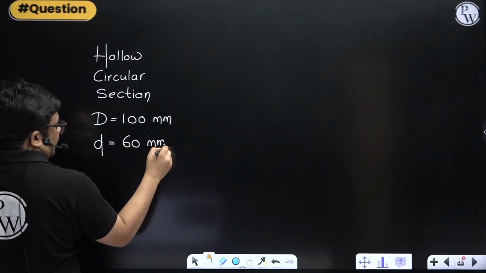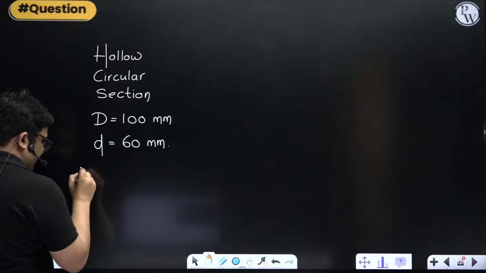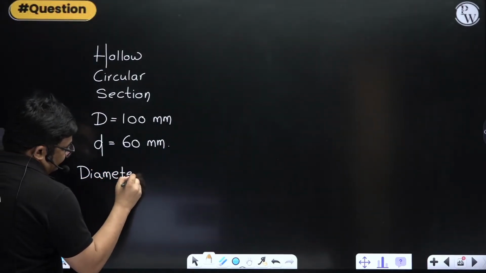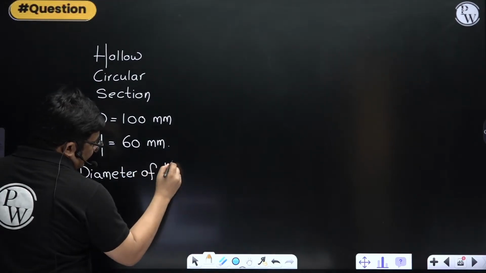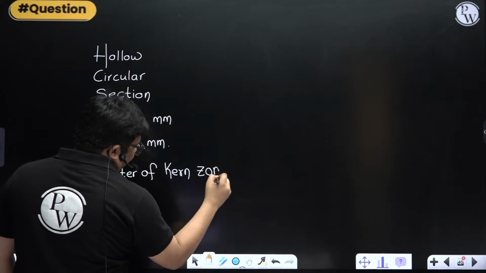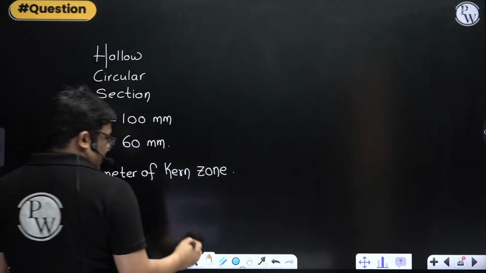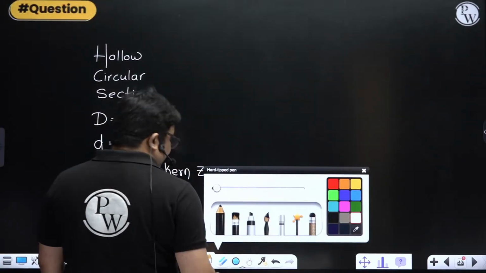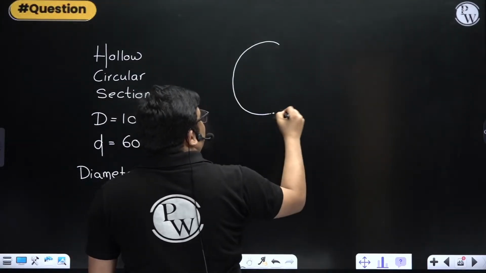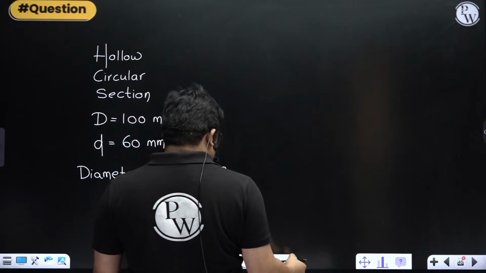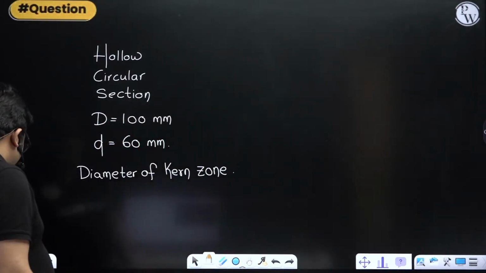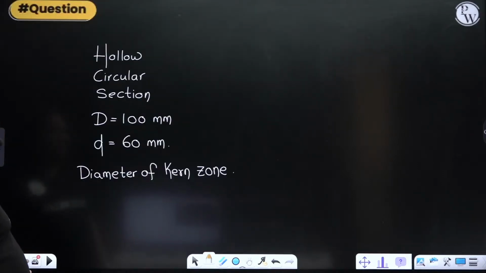And we are asked what is the diameter of the core? First of all, we get the eccentricity, and the diameter will be twice the eccentricity.